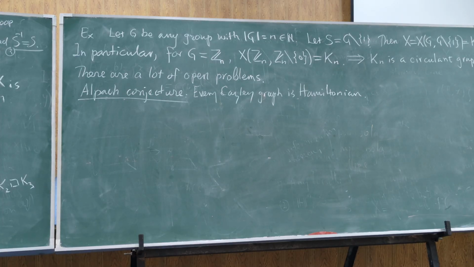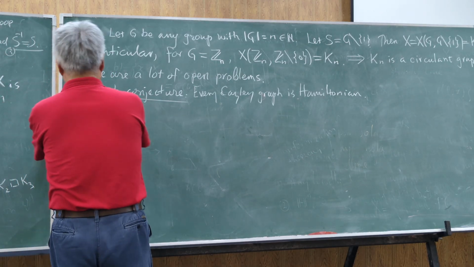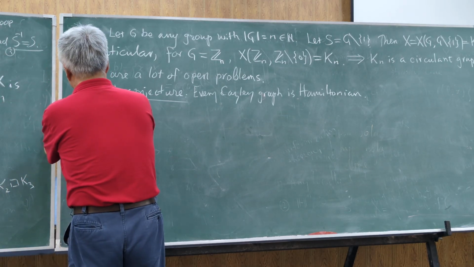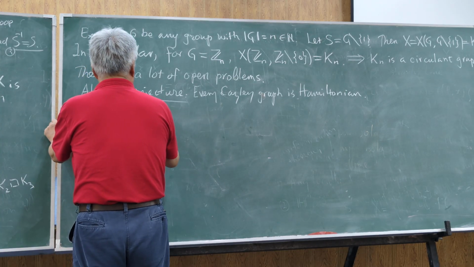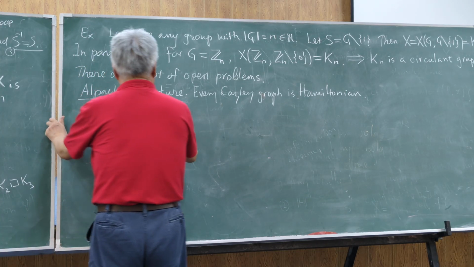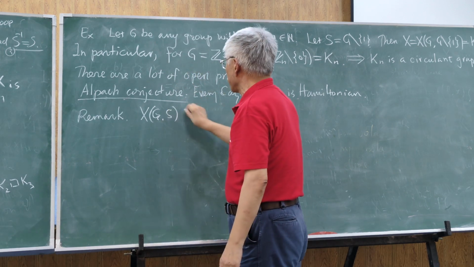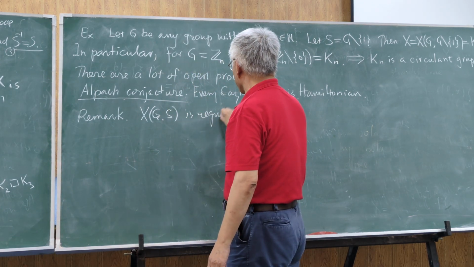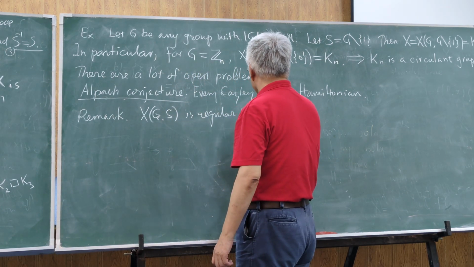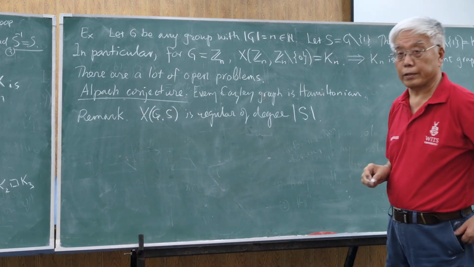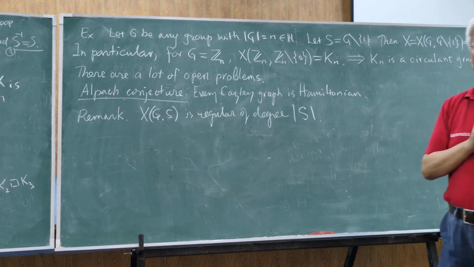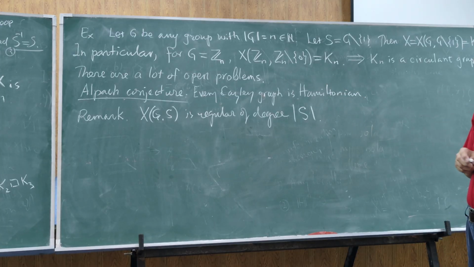A few notes we need to know. Every Cayley graph is, first of all, a regular graph. Observations, remarks. Regular degree is the number of elements of S. There we took S as 3 elements, and degrees are all 3.